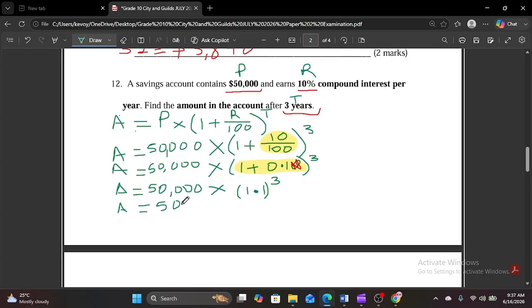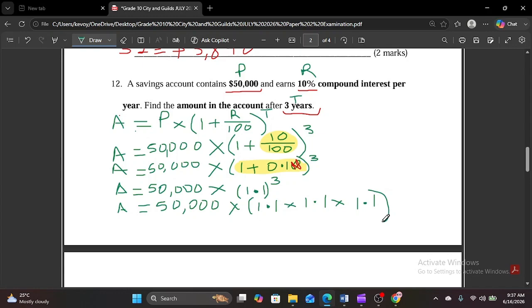50,000 multiplied by 1.1 raised to the third power, that's going to be 1.1 times 1.1 times 1.1.